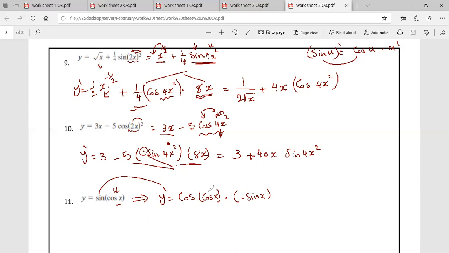Cosine x. That is the angle of this one. So it will be cosine, the derivative of the outer at u. It will be sine. The derivative of sine was cosine. Understand? What is u? Cosine x. Multiply the derivative of the inner function. So it will be negative sine x cosine of cosine x. Okay, just apply the rule.